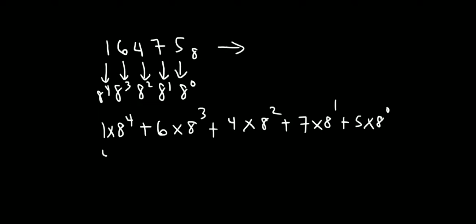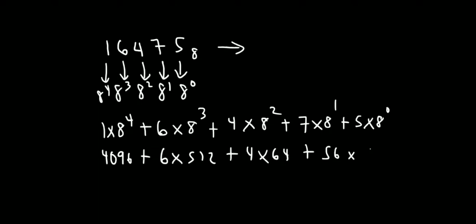We multiply 4 times, 8 into 8 into 8 into 8, so it will be 4096. Then 6 into 8 to the power 3, so 512. 4 into 8 to the power 2, 64. Then 7 into 8, 56, plus 5 into 8 to the power 0, which means 1, so it will be 5.